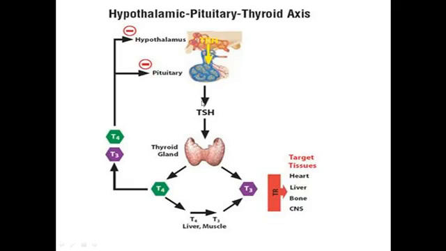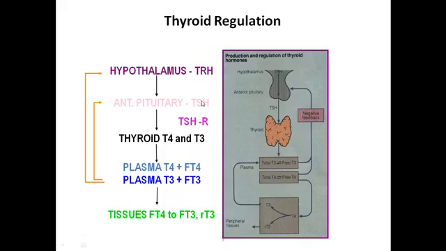Look, again this is thyroid regulation: hypothalamus, thyroid releasing hormone, anterior pituitary, thyroid stimulating hormone, and the thyroid gland, T3 and T4.